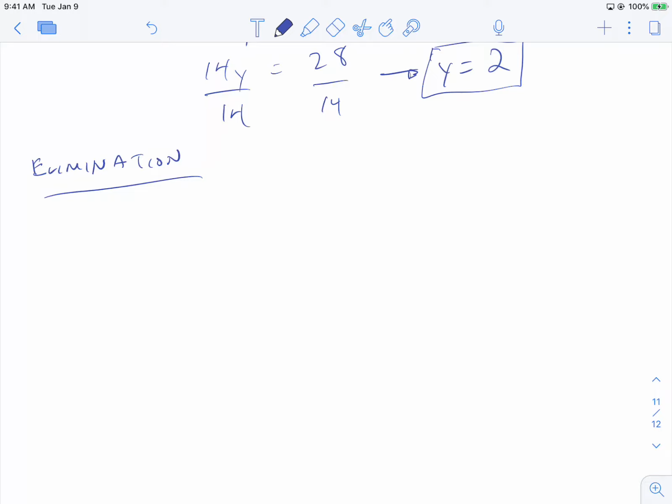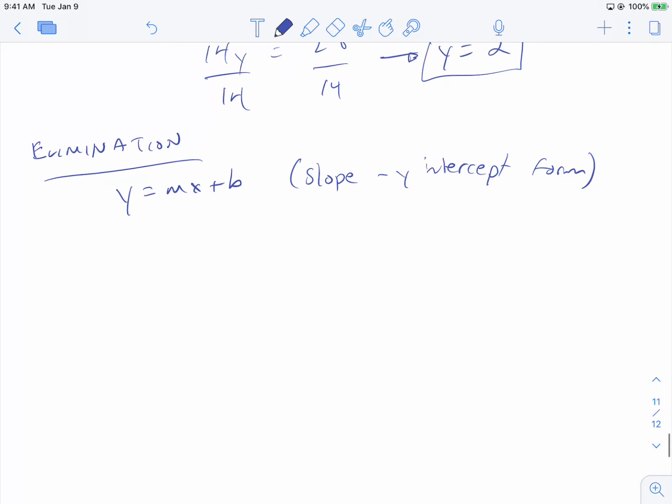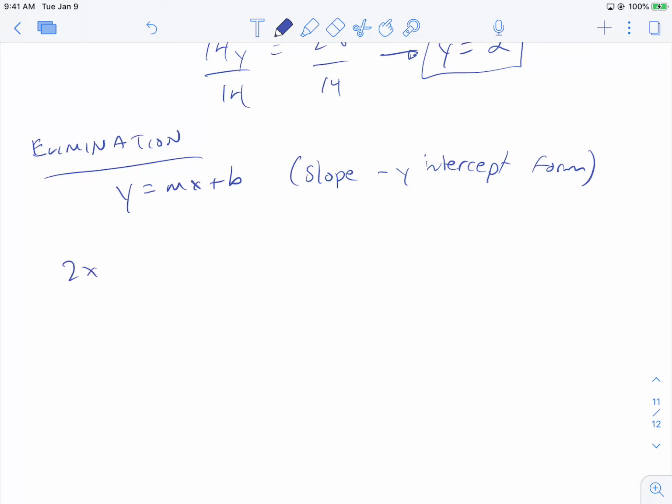When we are trying to eliminate something, we're used to the equation being in y equals mx plus b form. We call this slope y-intercept form. And that's good, but we also might see the equations written like 2x plus y equals 7 and x minus y equals negative 1.